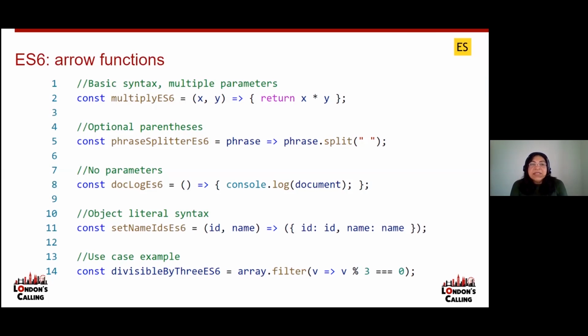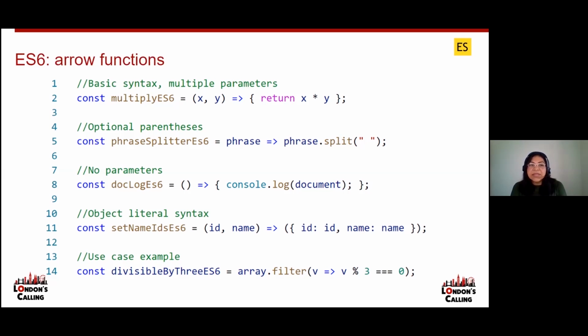So in here, I have several examples of syntax, basically how to use arrow functions. It depends on how many parameters you have or the type of return that you want to have as well. If you have multiple parameters, like in line number 2, you need parentheses. Like in line number 5, if you just have one parameter, you don't need parentheses.